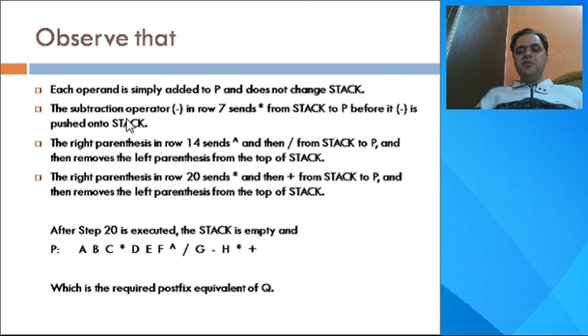So what we observed from this is that each operand is simply added to P and does not change the stack. The subtract operator minus in row 7 sends multiplication from the stack to P before minus is pushed onto the stack.